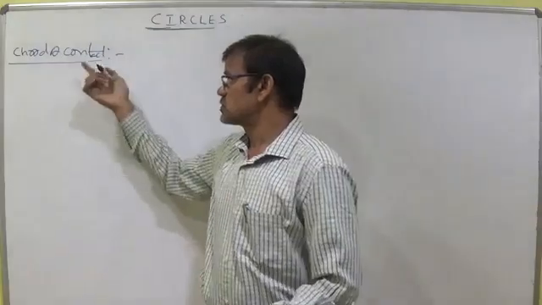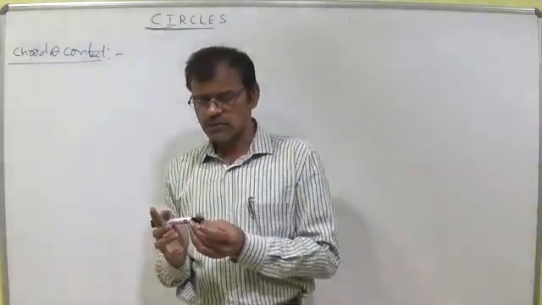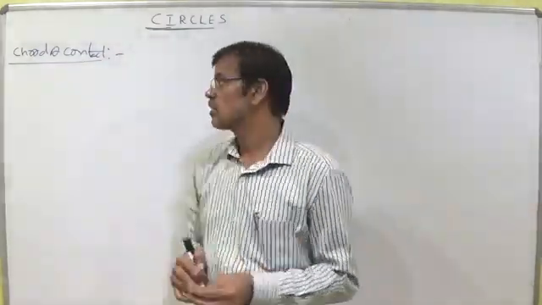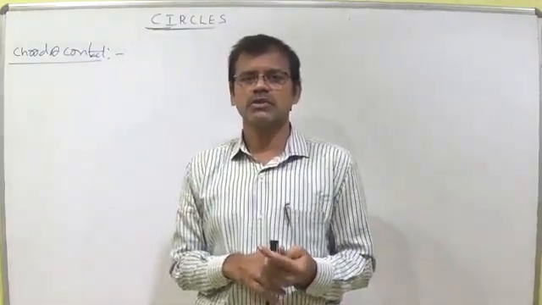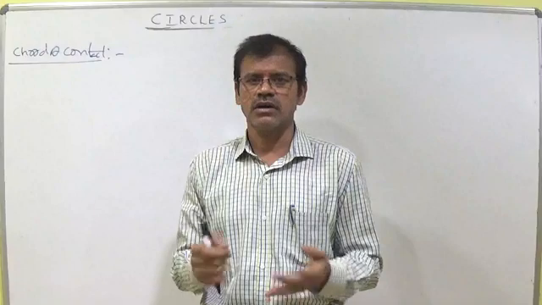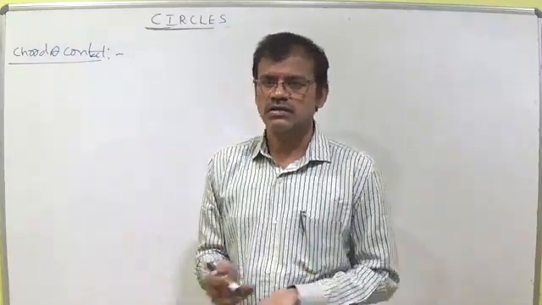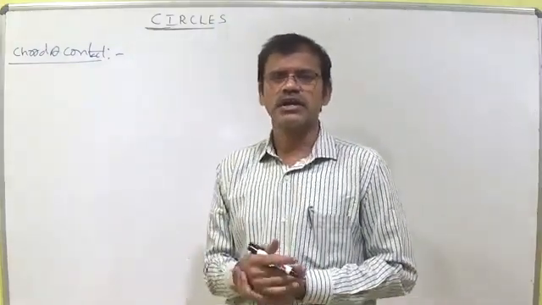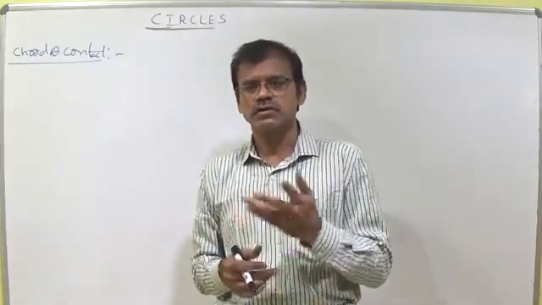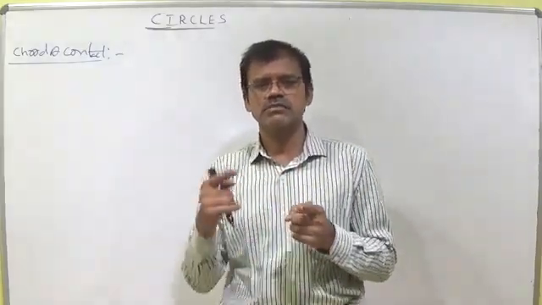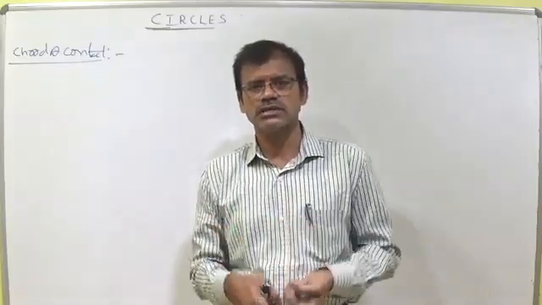Just two terms indicate the definition. What is a chord? The line segment joining any two points on the circle is called a chord. What is contact? That is the point of contact. If a tangent is drawn to a circle, wherever the tangent meets the circle, the point is called the contact.